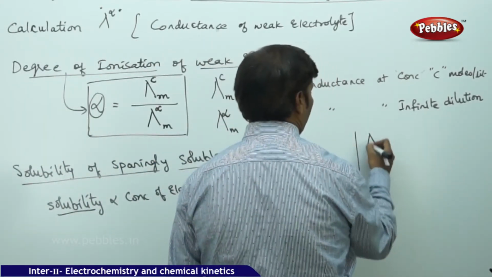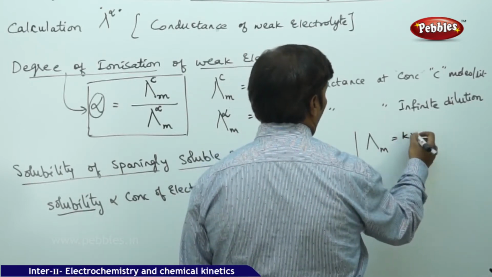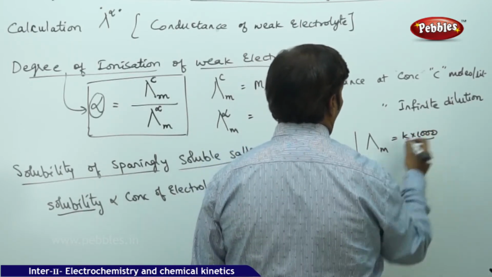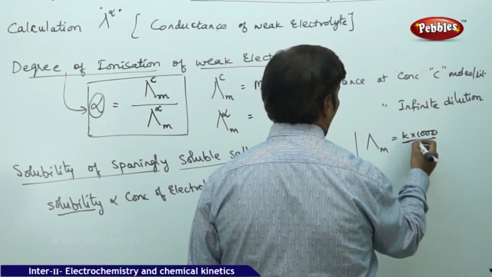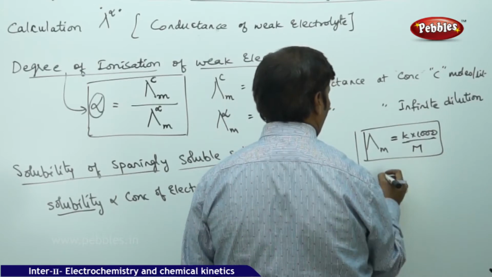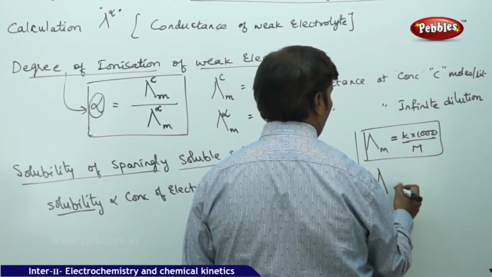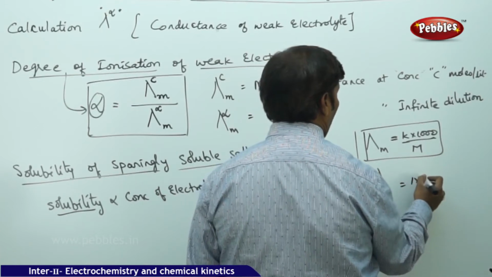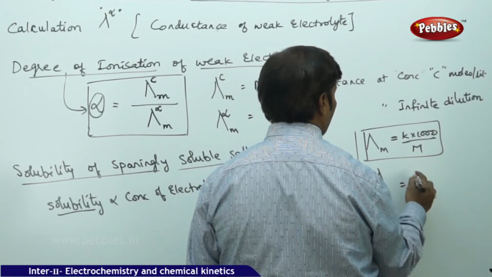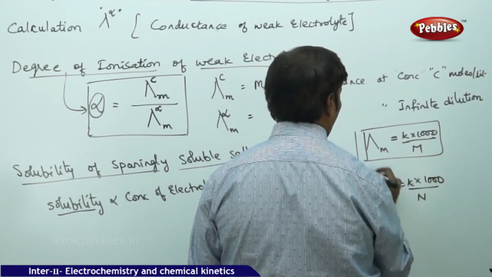Slightly, I am going to modify the expression here. We already know that molar conductance is equal to K into 1000 divided by the molarity, and equivalent conductance is equal to K into 1000 divided by N, that is normality.